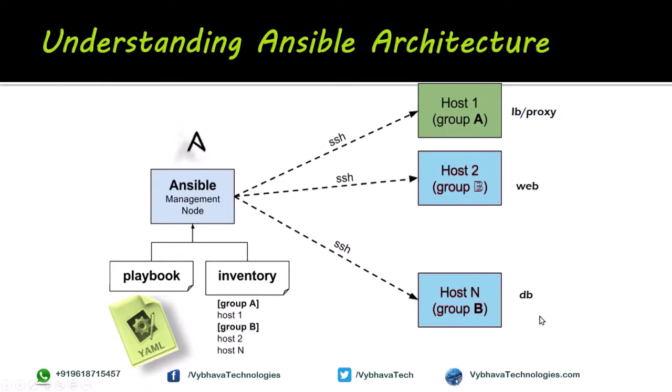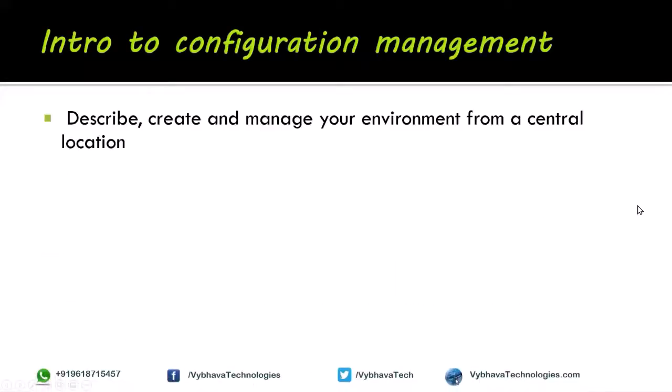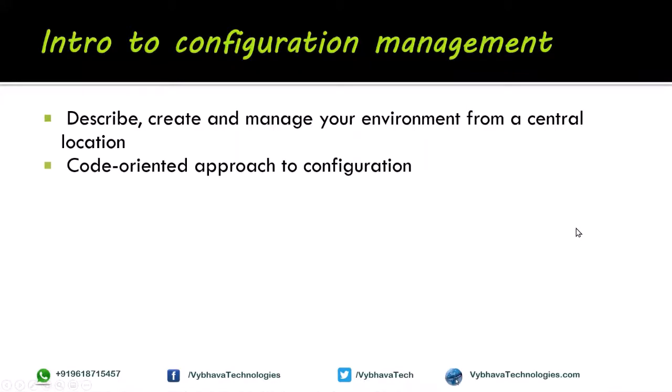So you can see the different categories of boxes which you can work on, and the playbook can have different automation tasks. Okay, so this is a high-level understanding of how Ansible works.